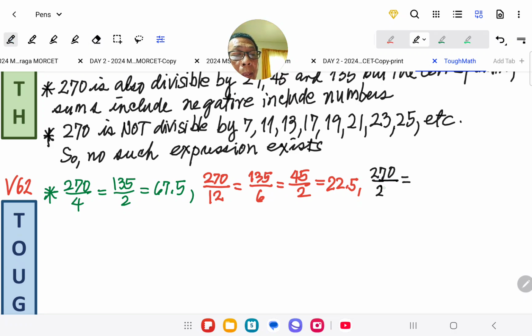$270 divided by 20 is equal to 27 over 2, which is equal to 13.5.